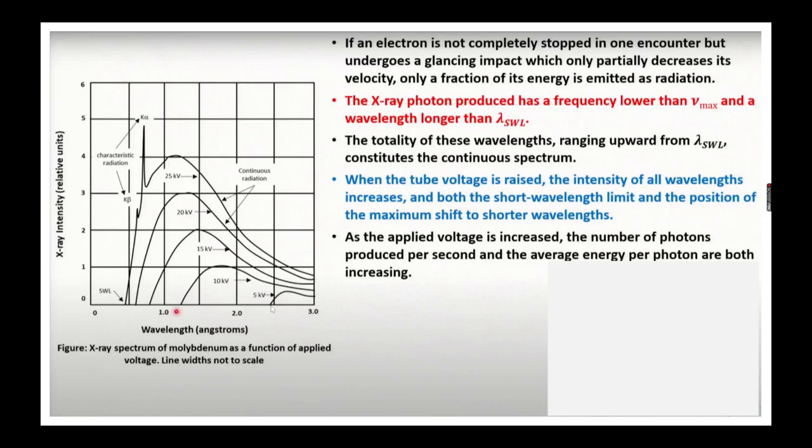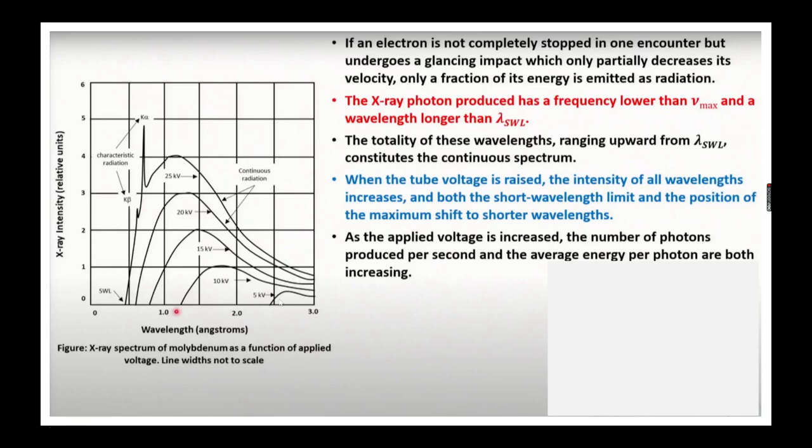So the X-ray photon produced has a frequency lower than the Vmax and a wavelength longer than the short wavelength limit lambda. So when we increase the voltage in the X-ray tube, the intensity of all wavelength increases. You can see the y-axis is X-ray intensity, so the intensity is increasing, and both the shorter wavelength limit and the position of the maximum shift to shorter wavelength.